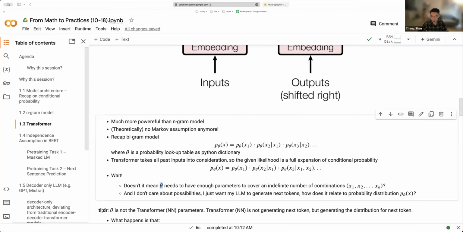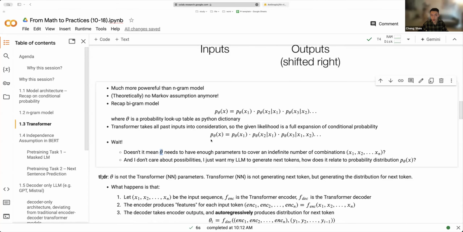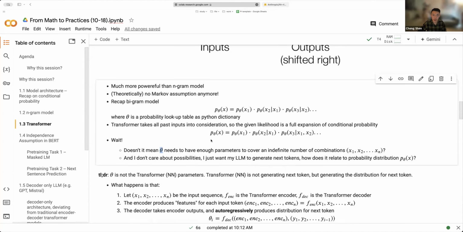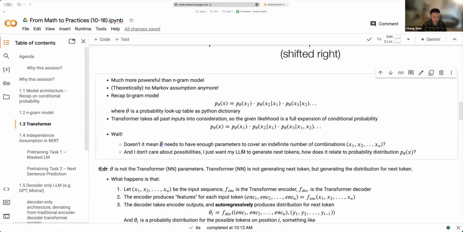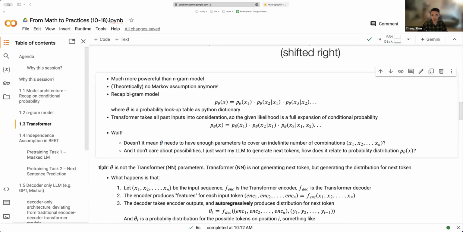But a key thing here is the theta we express in this probability measure. They are actually not exactly the parameters of the transformers. This is something that took me a while to realize. Theta is the parameters to model the distributions of the next token.